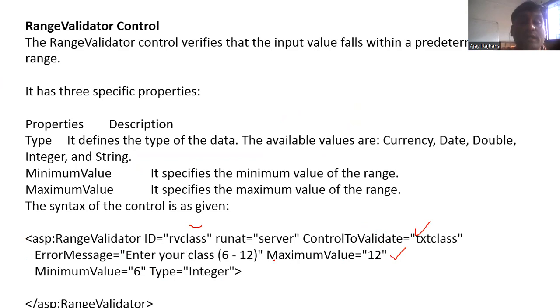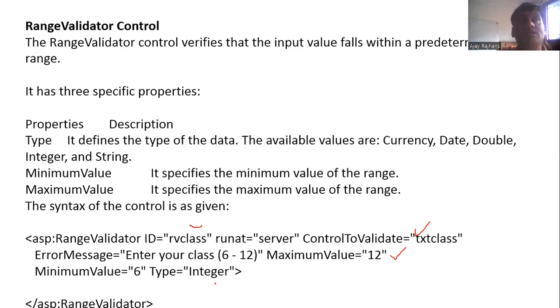Then minimum value, and according to the type of the value, that is integer, float, character, or string, it is also displayed here as type. If I choose integer, you need to enter the data in the form of an integer, for example from 1 to 6, 1 to 50, 50 to 60, something like this. This applies to the integer type of range validator.